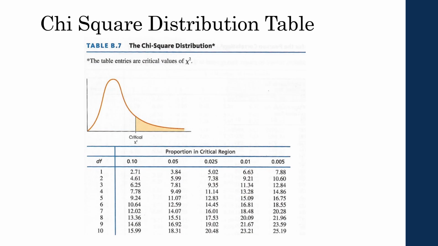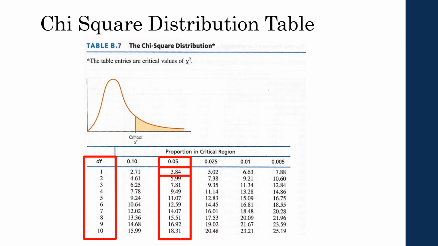To find our critical value, we use a chi-square distribution table, which is posted on Canvas. This table is pretty straightforward. We have a column for our p-value and a column for our degrees of freedom. So in our example, we have 1 degree of freedom. Using the 0.05 column, that would give us a critical value of 3.84.